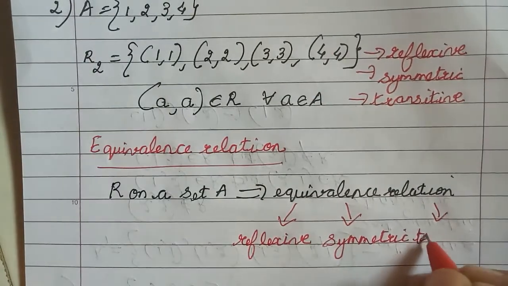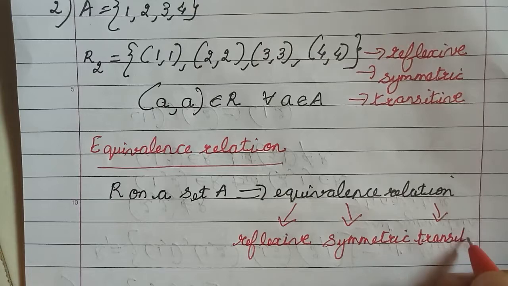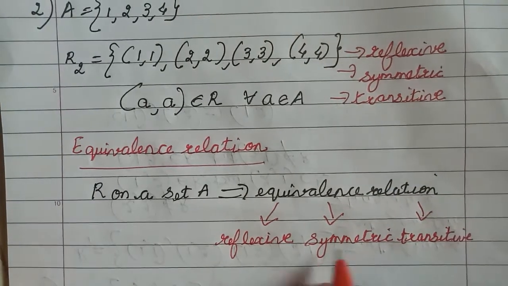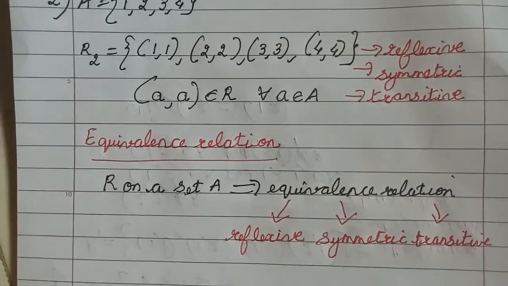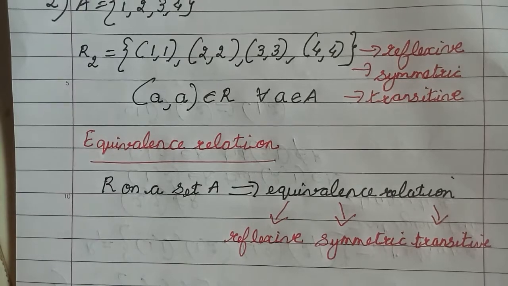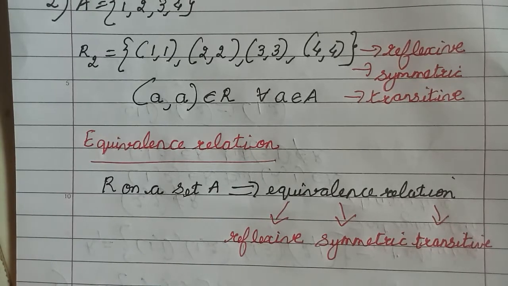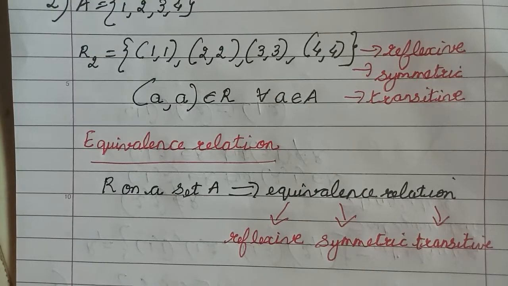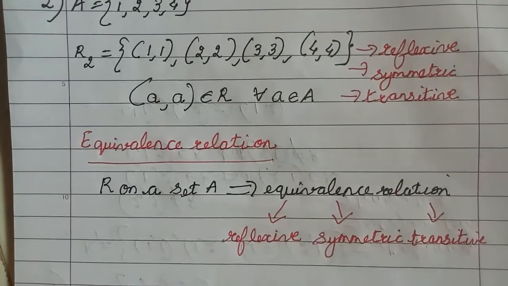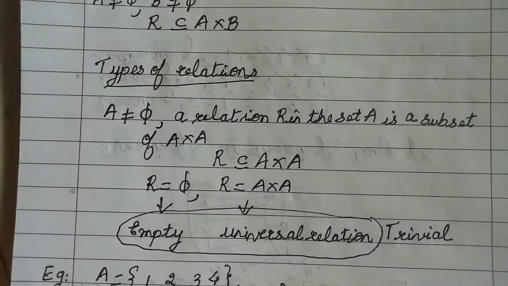That means if your given relation on a set is reflexive, symmetric and transitive, then it is an equivalence relation. So let us check whether we have got any equivalence relation in our examples.